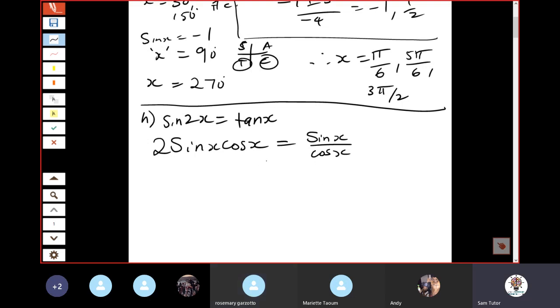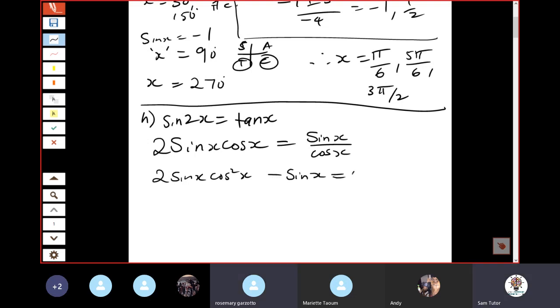All right, and then what are you going to multiply now? Cos x. Yeah, you're going to multiply it by this side. And then you really don't want the sine x here, so you're going to move this one to the left-hand side.